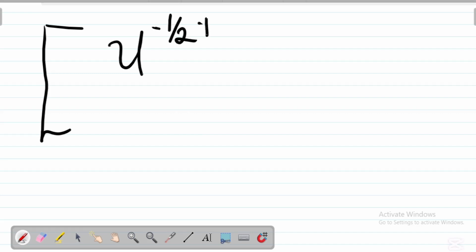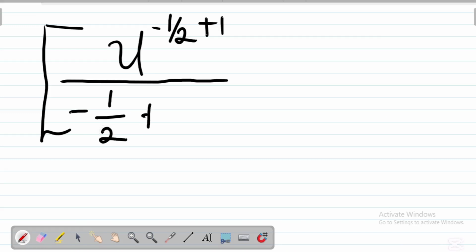So if you integrate, you would have u raised to the power negative 1 all over 2 plus 1 all over negative 1 all over 2 plus 1.